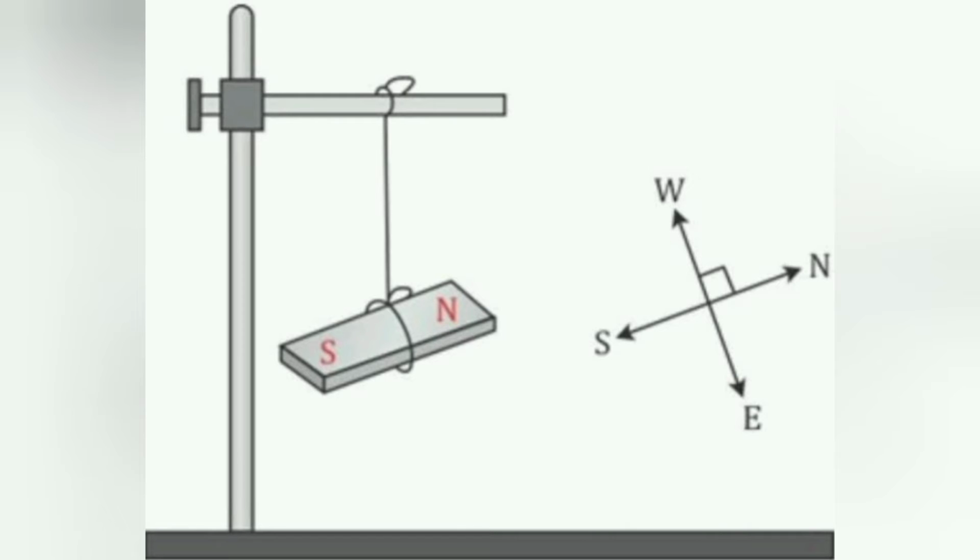Similarly, when a freely suspended magnet is hung with the help of a stand and a silk thread, the bar magnet will point in the north-south direction.